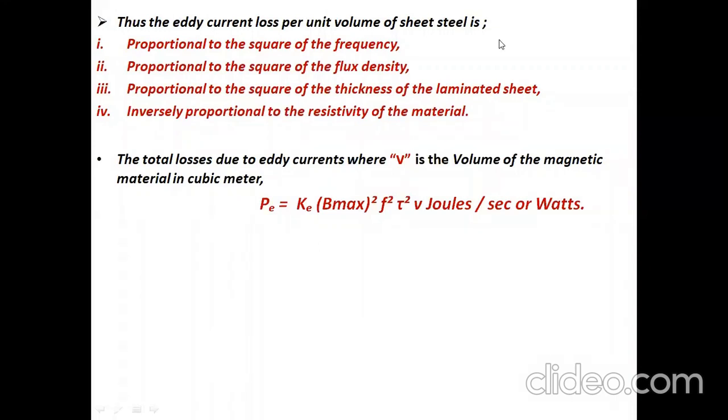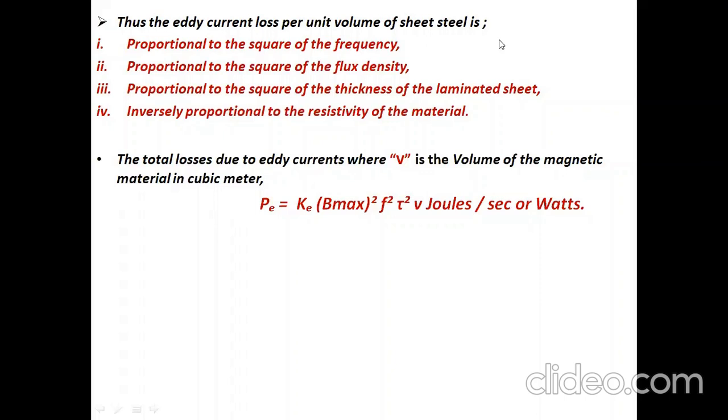Thus, the eddy current loss per unit volume of sheet steel is: 1. Proportional to the square of the frequency. 2. Proportional to the square of the flux density. 3. Proportional to the square of the thickness of the laminated sheet. 4.